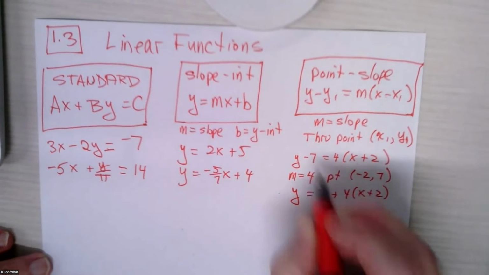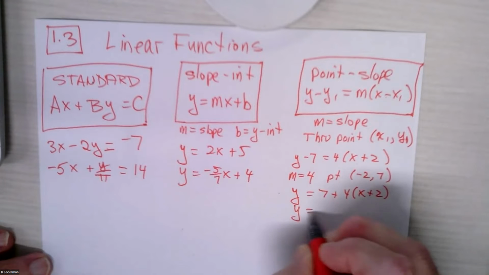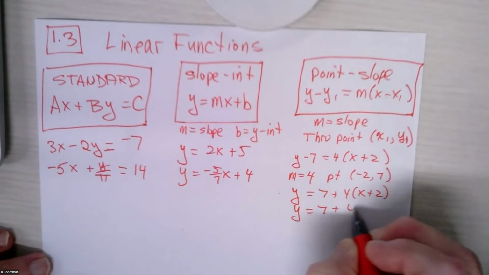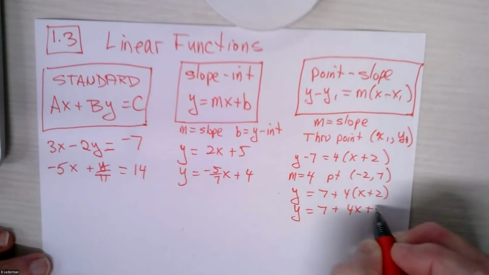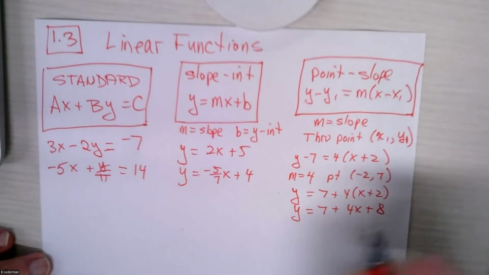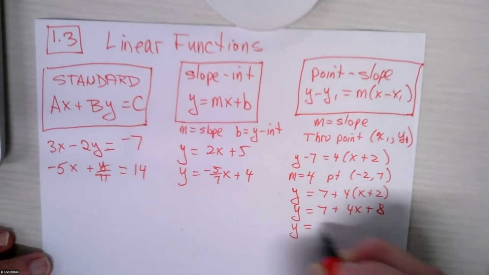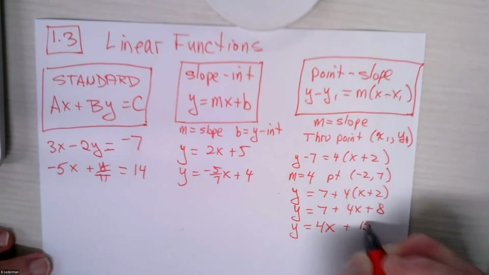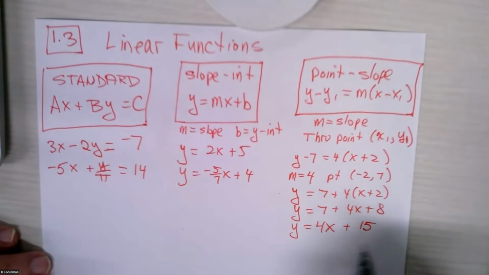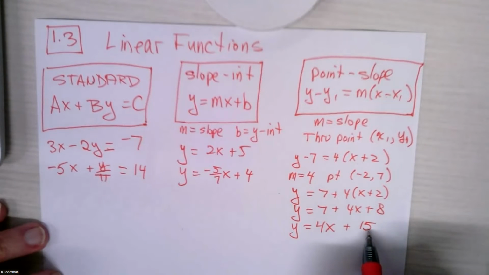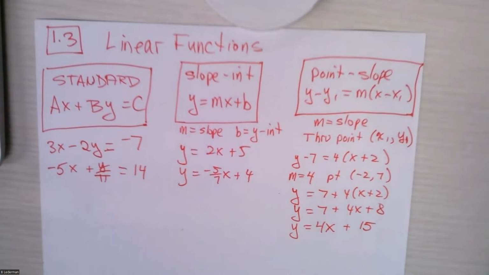Y is equal to 7 plus 4x plus 8, because 4 times 2 is 8. And finally, y equals 4x plus 15. So now I know the slope is still 4, that hasn't changed, but I have this 15 here, which tells me that that is the y-intercept. 15 is the y-intercept.